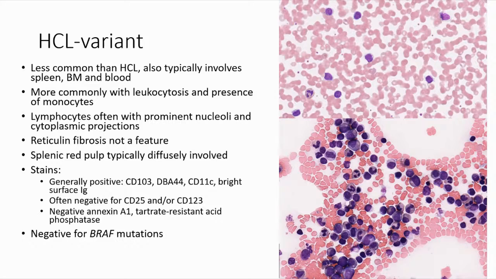And in this case, as you can see here, you still got a pretty good aspirate. So that should raise a red flag. Maybe this isn't hairy cell. Maybe we need to look a little bit deeper. And these will be negative for BRAF mutations, and then they're going to have some aberrancy in the immunophenotype as compared to hairy cell. Either they're going to have CD25 or they won't have CD123, something like that, usually negative for annexin A1.